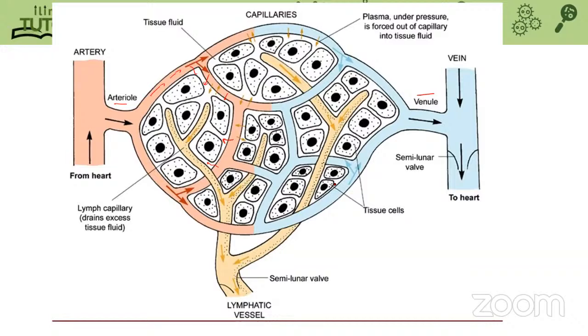Why? Because the water concentration gradient is greater than the hydrostatic pressure in this area. So we have water moving into the blood plasma in this region. We have waste products, probably salts, and even proteins that are small enough moving back into the blood.